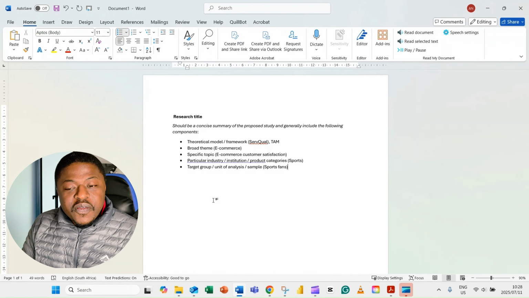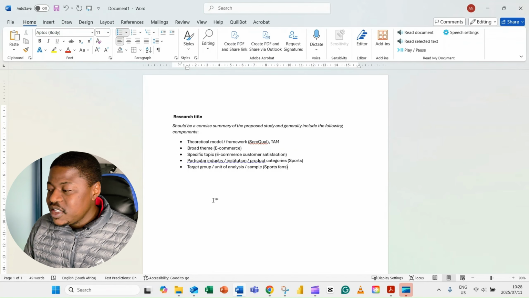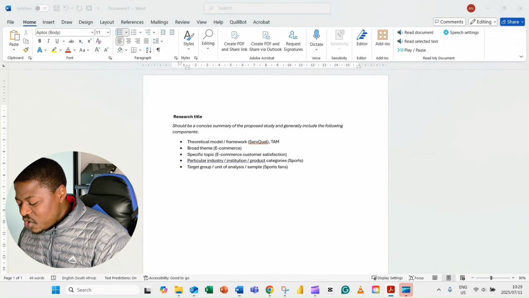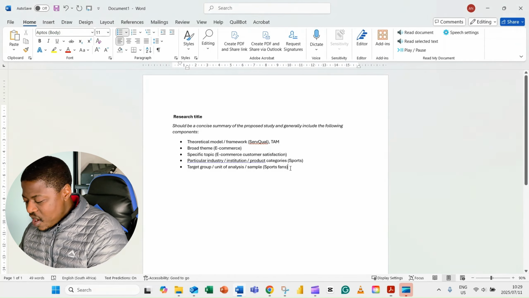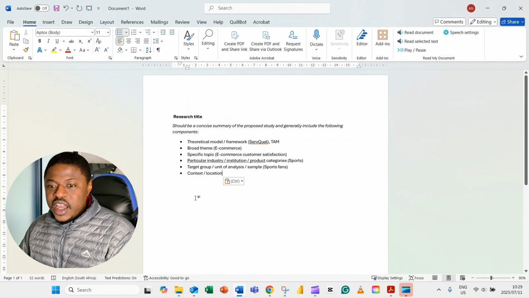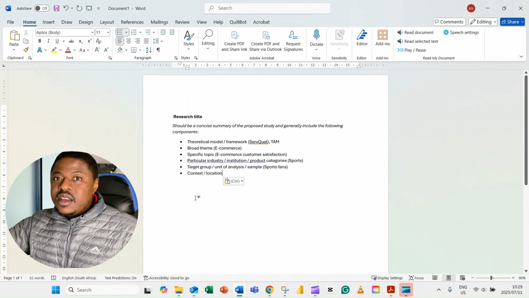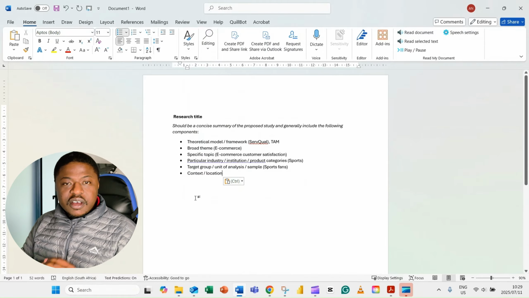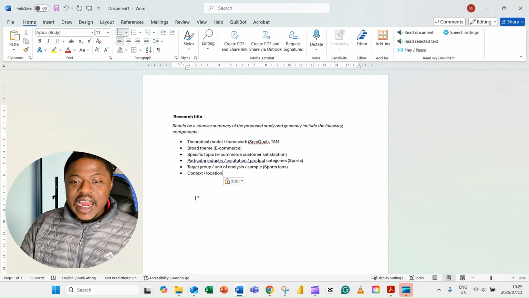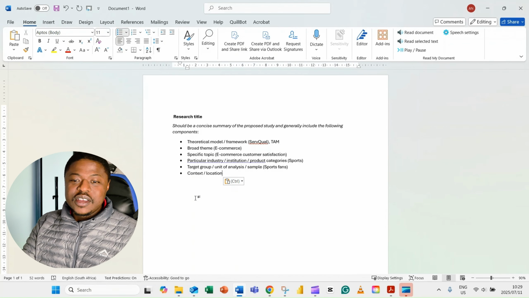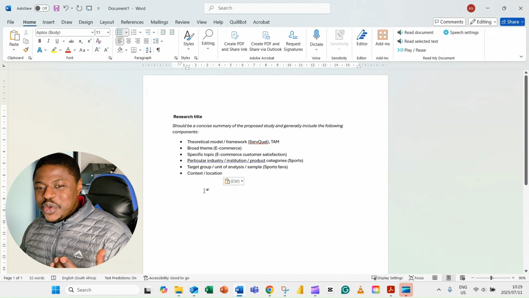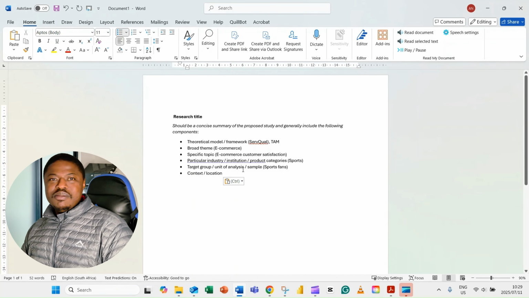e-commerce platforms among sports fans. And then we need to add the context or the location to round off our title. So the title will say, in the context or location of sports fans, maybe in Africa or in South Africa, in the United Kingdom, in England, in London, in Lagos, in Kinshasa, or in Bulawayo.